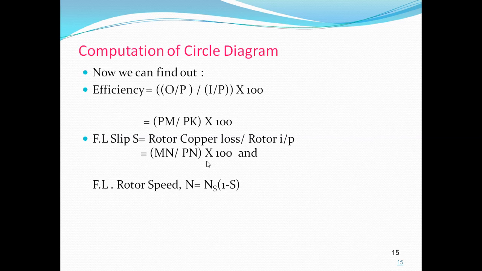Efficiency is equal to PM by PK into 100, and slip is equal to MN by PN into 100.